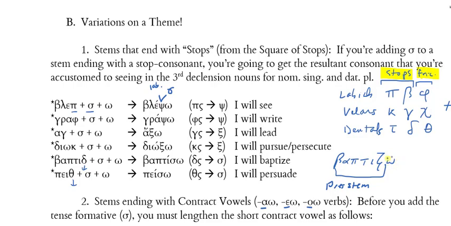Drop the omega from the lexical form and you've got the present stem. Here, the future stem is not baptidz. It's actually a slight variation. It's baptid with the delta. That's a stop. Add a sigma to it and the teeth, the dentals, fall out, and the future is baptizo. Baptizo. I will baptize.